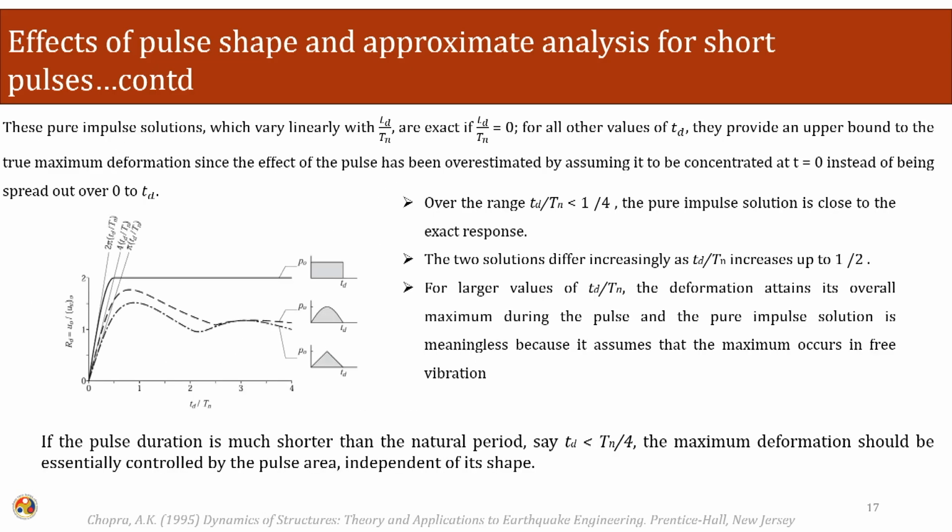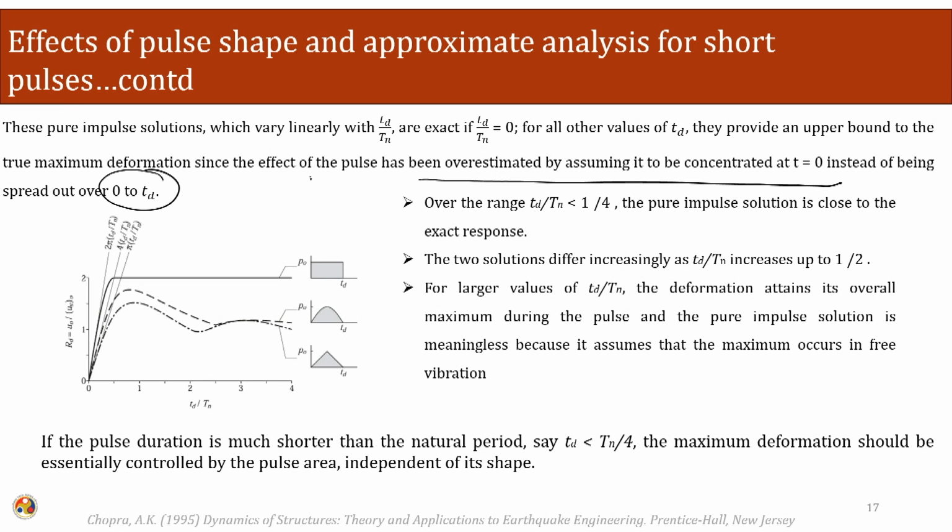This pure impulse solution, which varies linearly with Td over Tn, is exact if Td over Tn equals 0. For all other values of Td, it provides an upper bound to the true maximum deformation response, since the effect of the pulse has been overestimated by assuming it to be concentrated at t equals 0 instead of being spread out over 0 to Td.